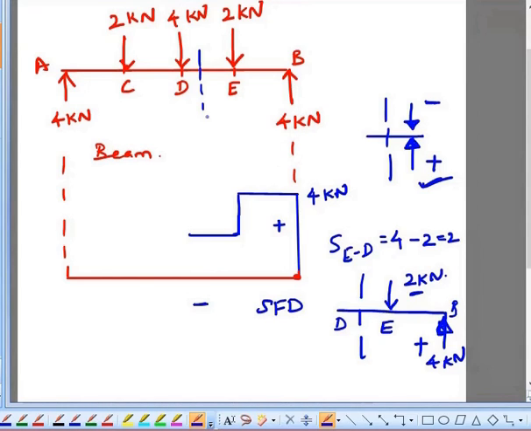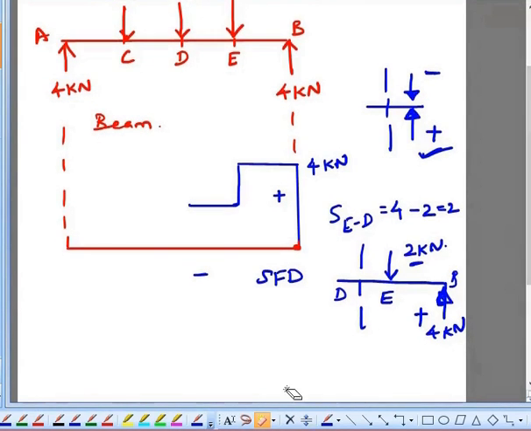Now you consider a section between C and D. So if you consider a section between C and D, you'll be having like this: C, D, E, and here I am having B. So here I am having an upward force, here a downward force, at D a downward force.